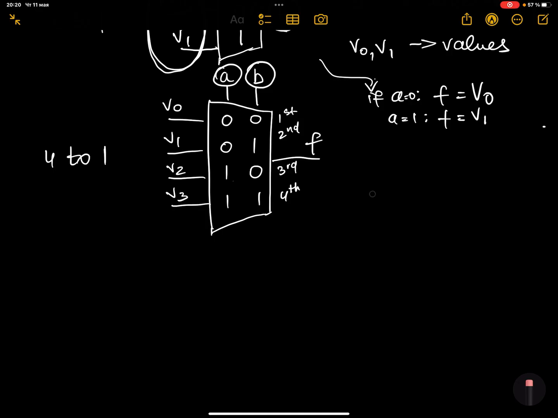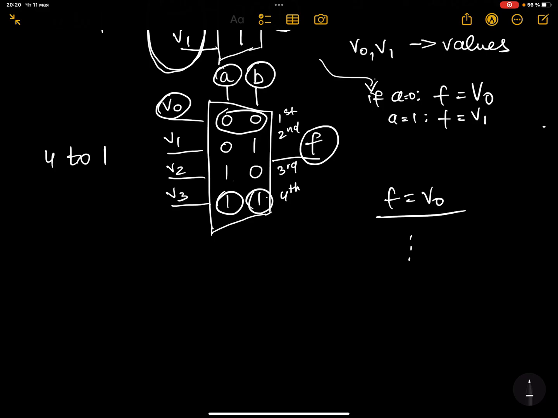So if the value of A and B is 0, 0, the function's value f is v0. If the value of A is 1 and B is 1, the value of function f is going to be v3. So this is very, very simple.